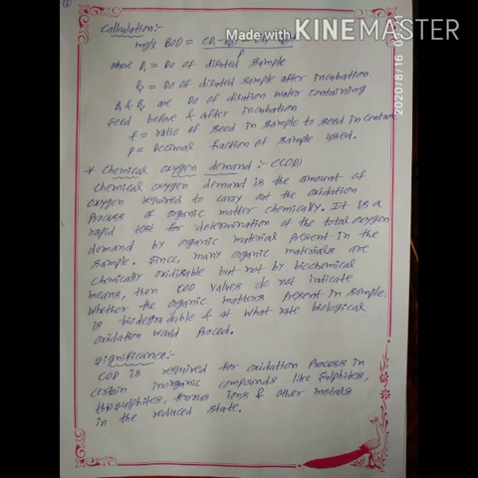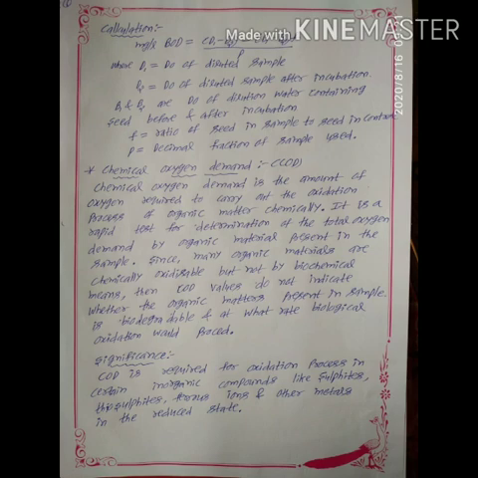Next, we discuss chemical oxygen demand. Chemical oxygen demand is the amount of oxygen required to carry out the oxidation process of organic matter chemically. It is a rapid test for determination of the total oxygen demand by organic material present in the sample.